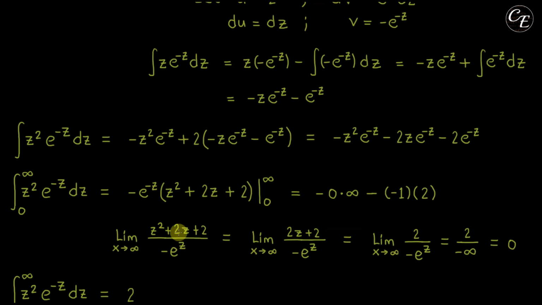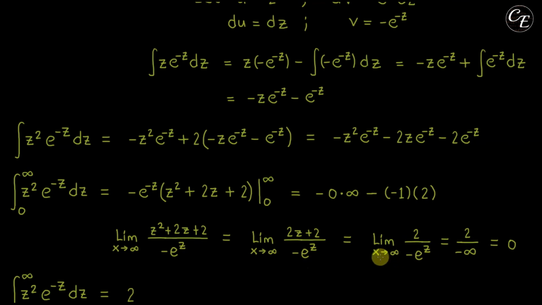Then using the L'Hospital's rule, the derivative of this one is 2z plus 2, and the derivative of this one is the same, negative of e raised to z, as x approaches positive infinity. Then again, applying the L'Hospital's rule, the derivative of 2z plus 2 is just 2, and the derivative of this one is negative of e raised to z, which is the same as this one.